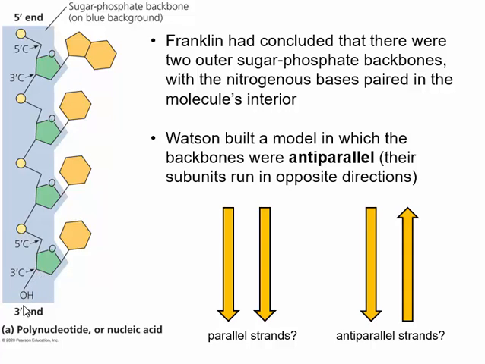Here's the 3' sugar and a 3' hydroxyl on this 3' end. And so you have polarity, endedness. The strands could run parallel. They're both 5' to 3', say. Or they're anti-parallel. One goes this way and the other strand goes the other way. So this was a big step, this idea that Watson had that these run anti-parallel.